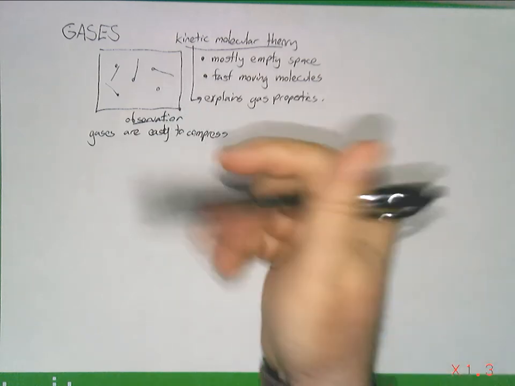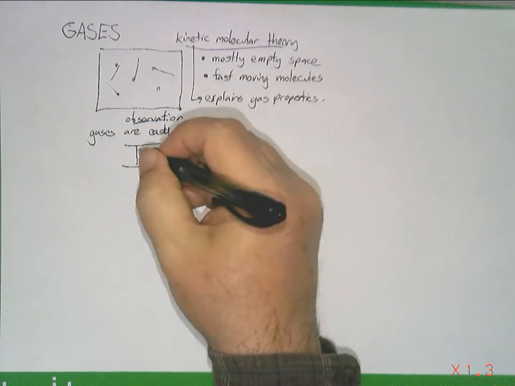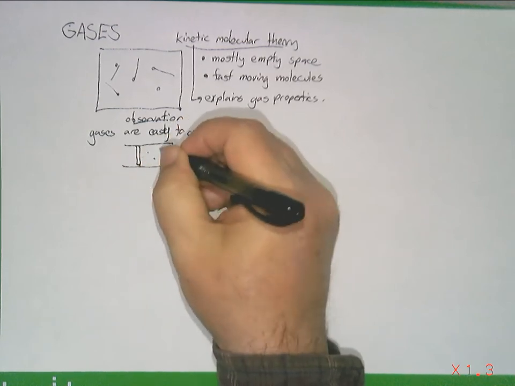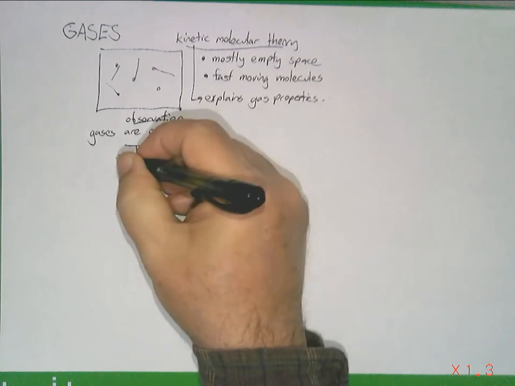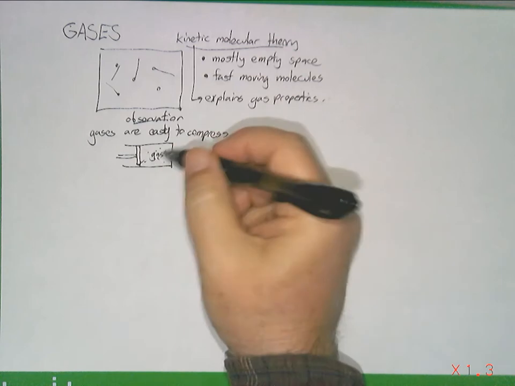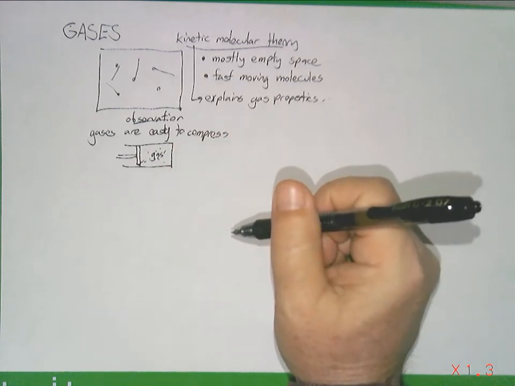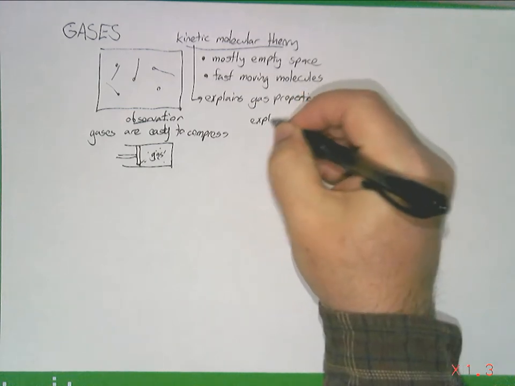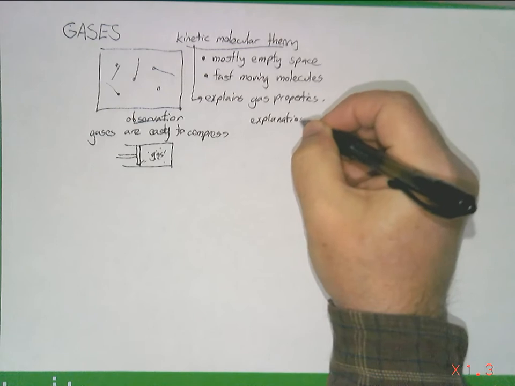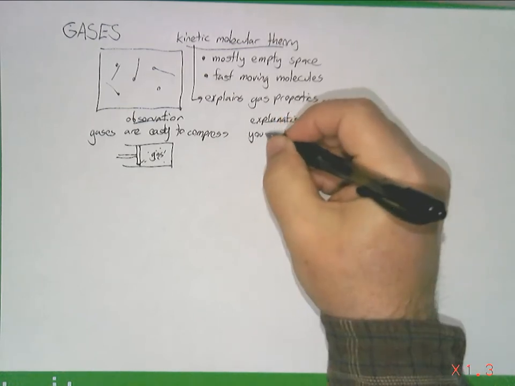If you put the gas in a little cylinder, so here's the gas in here, and you have a piston in the end that you can push in, it is not too hard to push that piston in, and that's because our model says you're squeezing out the empty space.